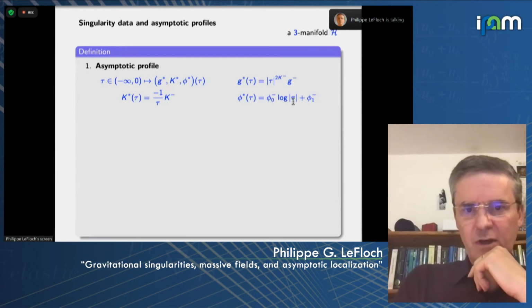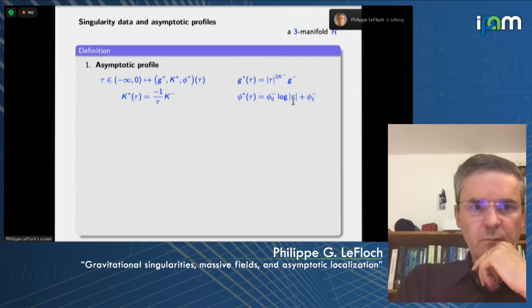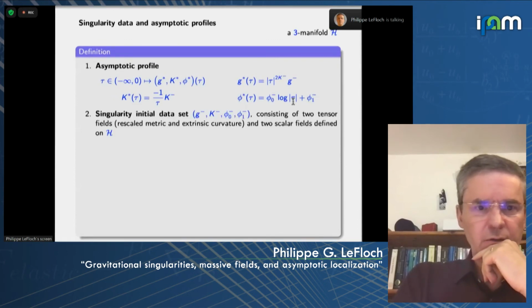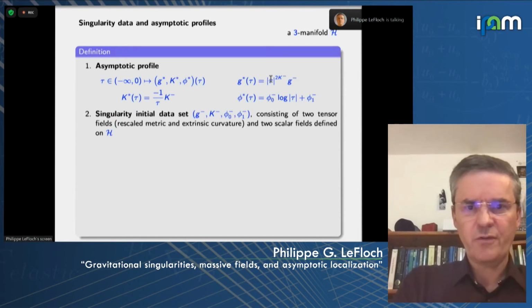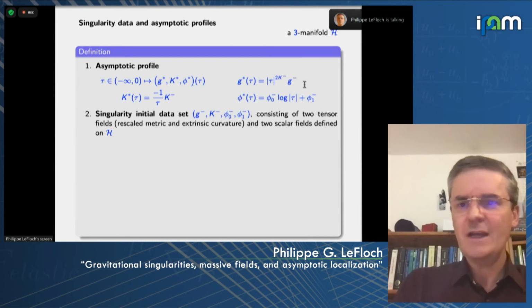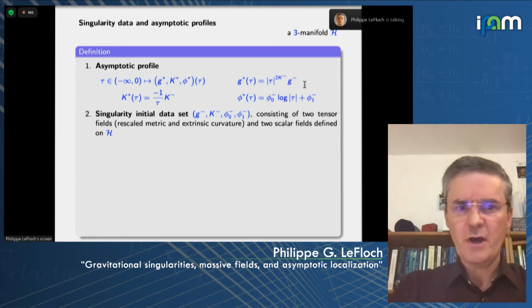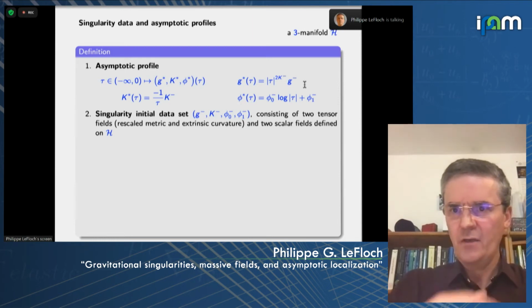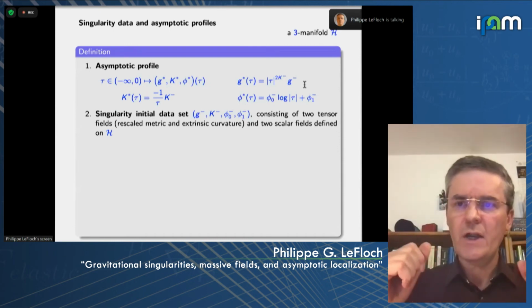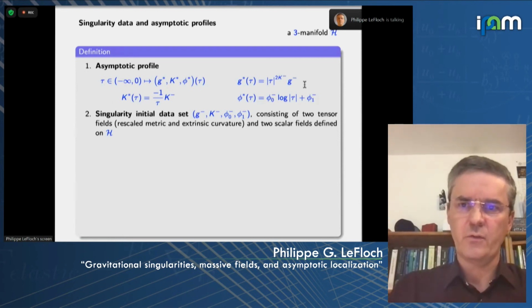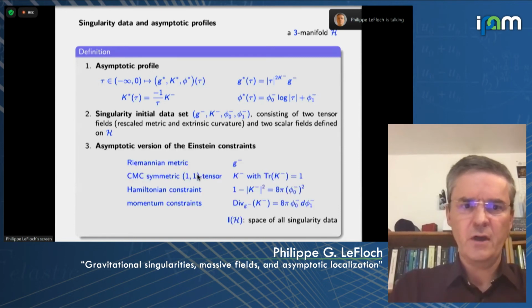The matter field behaves like a log of tau, and on the top here, you see the expression of the metric, which is more complicated because it contains an exponential matrix. But in any case, if you give me some data, g minus, K minus, phi 0 minus, phi 1 minus, which are fields defined on the singularity hypersurface, then I can produce an ansatz, a first term in an expansion of the solution of the Einstein equations. So this is what I do, a profile based on singularity initial data set.